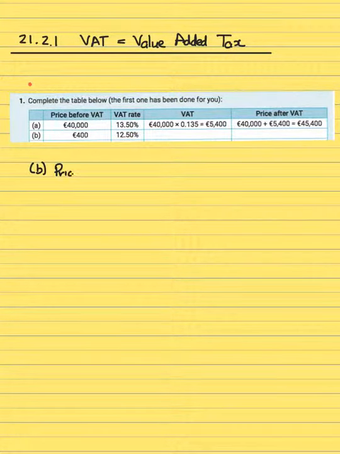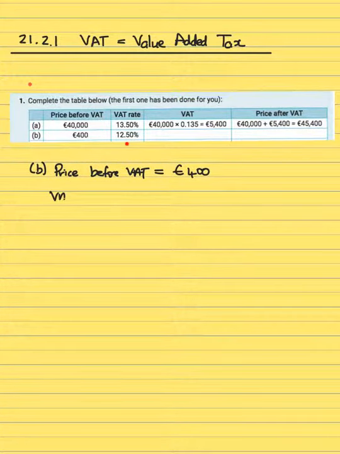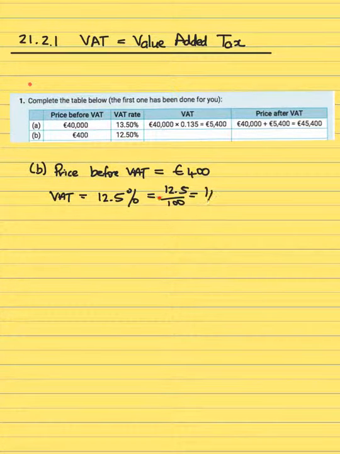We're going to look at the B part here, where we're told the price before VAT is €400. The rate of VAT is 12.5%. That means it's 12.5% of the €400. So 12.5% or 12.5 over 100 becomes 1/8.